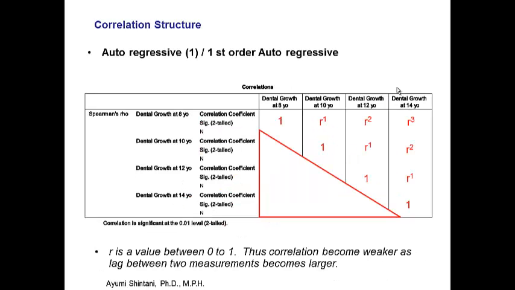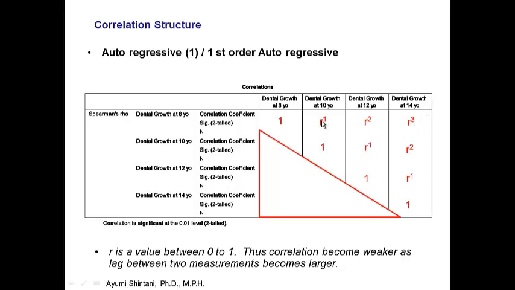Another structure is called first order autoregressive, which SPSS calls AR1. In this correlation structure, you only estimate one number, but you allow the model to weaken the correlation as the interval between two time points gets larger. Say R is a number between 0 and 1. If R is 0.9, then 0.9 to the power of 1 is 0.9, 0.9 to the power of 2 is 0.81, and 0.9 to the power of 3 is 0.73, I think.